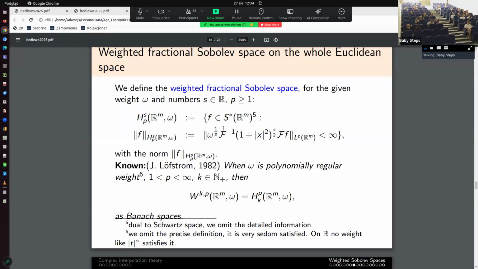Not always. This kind of Sobolev space, this Bessel potential space, is of this kind, but there are many others. It is also a very nice branch of the area, how to define fractional Sobolev spaces in a different way. There are many other definitions. They can be defined not on the whole space as well. So it is possible somehow? It is possible, yes. You can contact me, I will tell you. Okay, thank you.